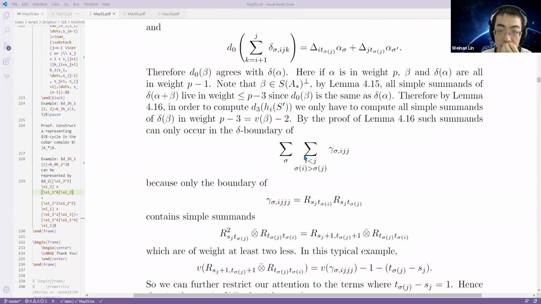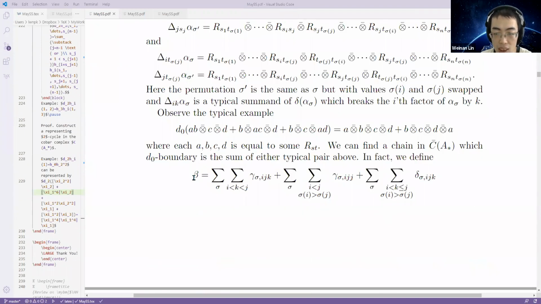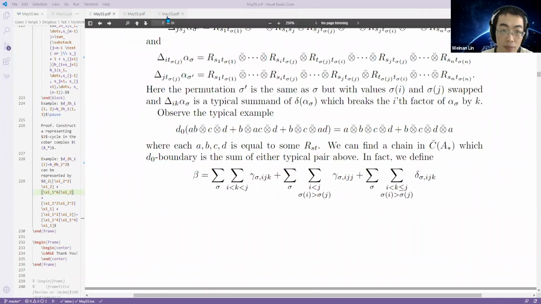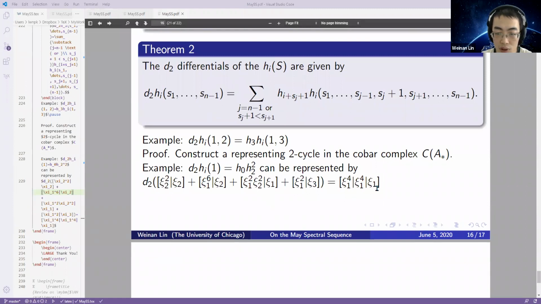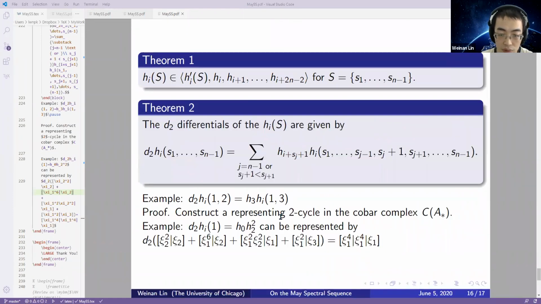You can manage to compute the differential of this cycle. And so the point is that you can write a general cycle for all the h_i's, and that's how I got to prove this formula.